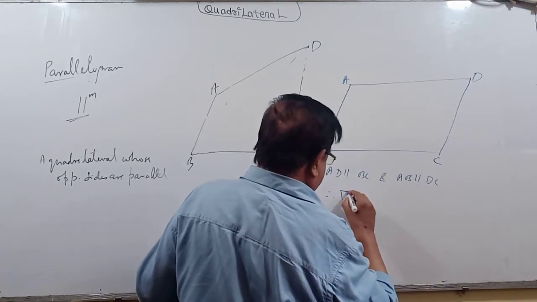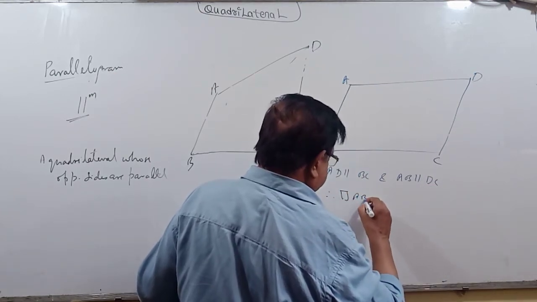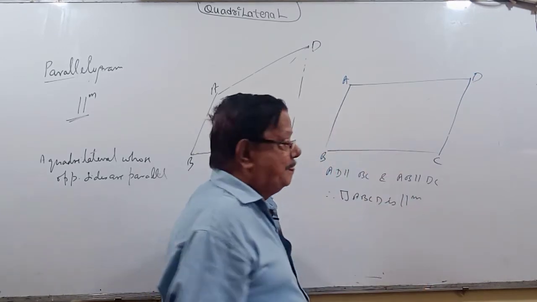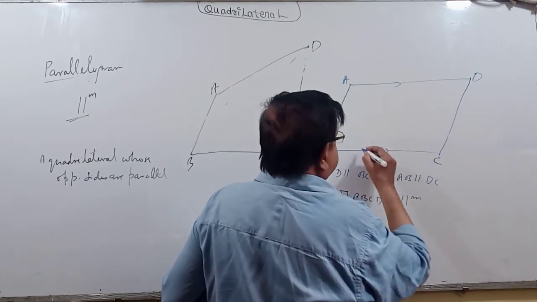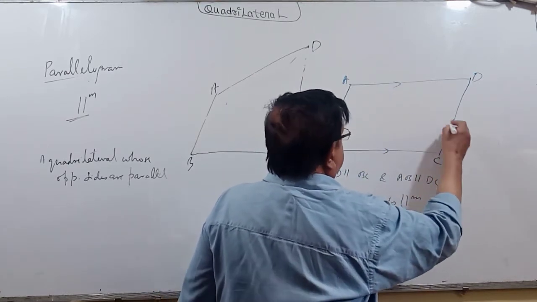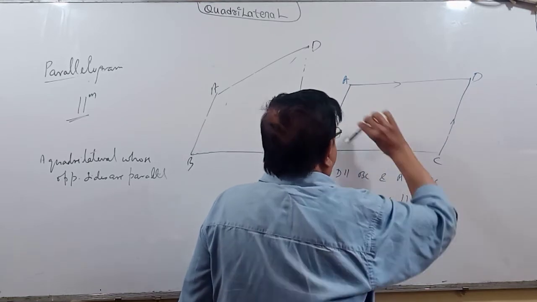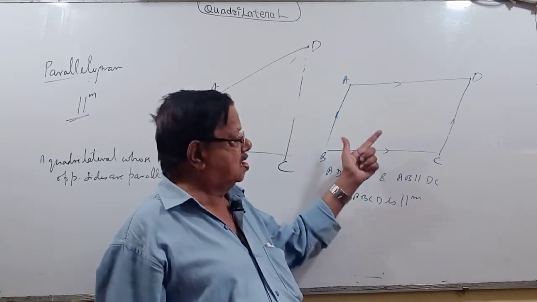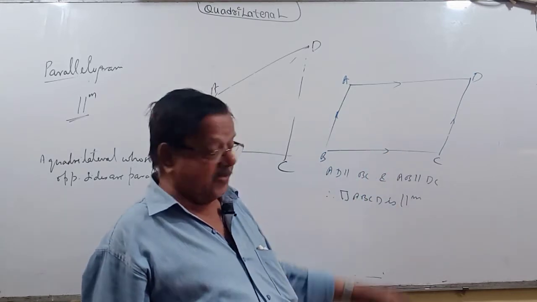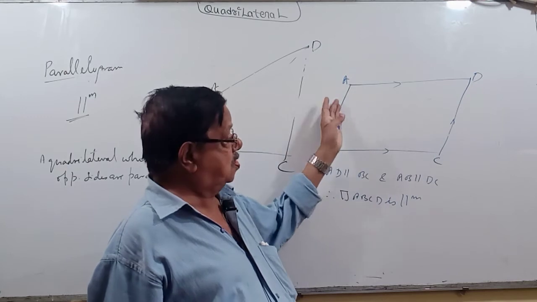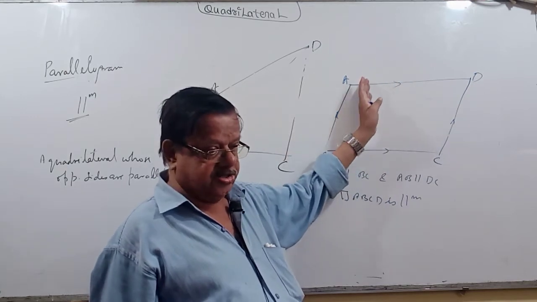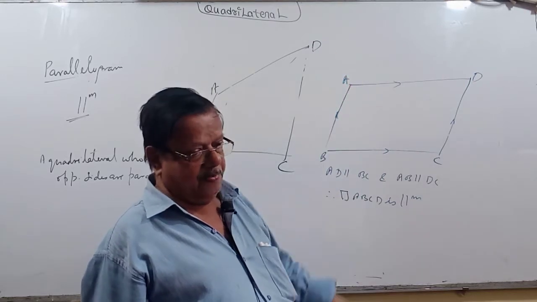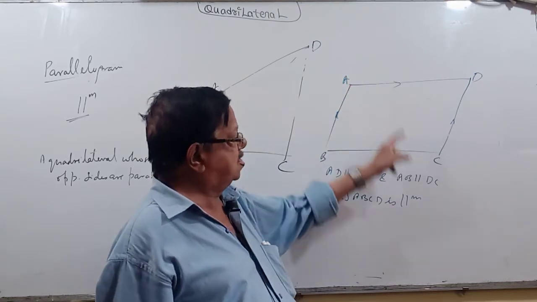Then quadrilateral ABCD has opposite sides parallel. This is parallel to this and this is parallel to this. If opposite sides are parallel, the quadrilateral is called a parallelogram. This is of course a quadrilateral. It has four sides. Since the opposite sides are parallel, it has a special name called parallelogram. It is a quadrilateral whose opposite sides are parallel.